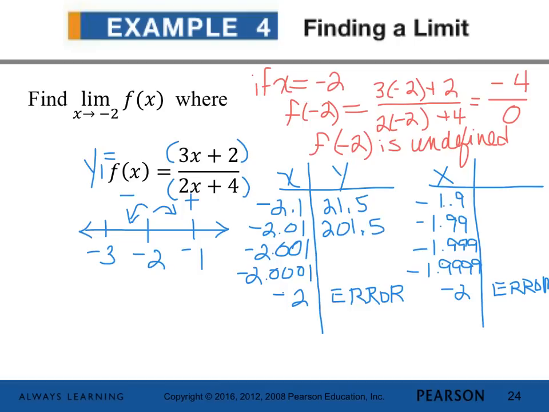And at -2.001, I got 2001.5. And at -2.00001, I got 20,002.